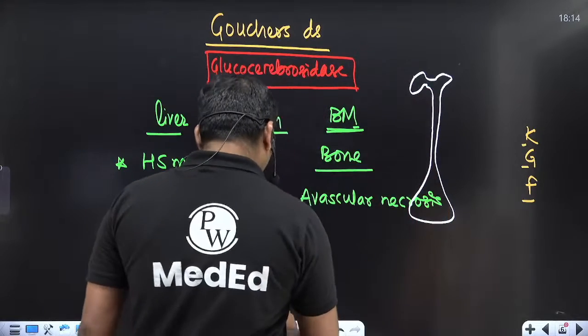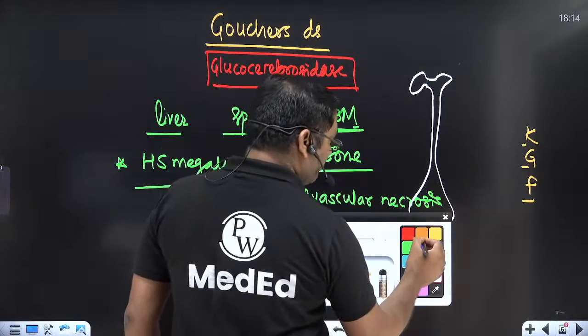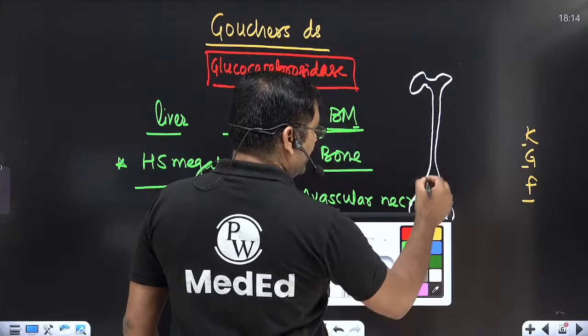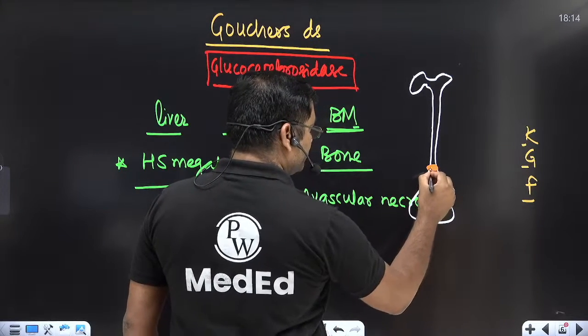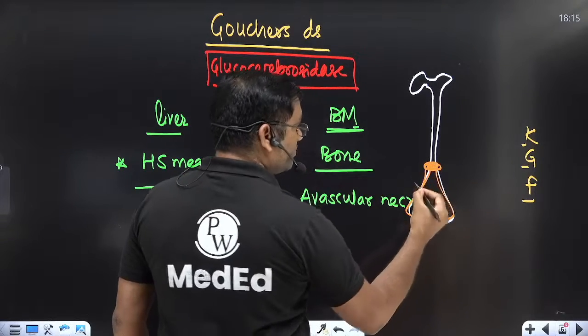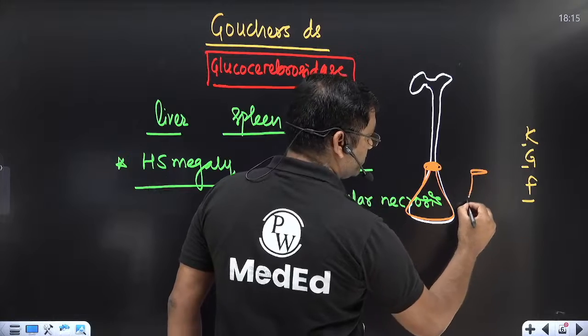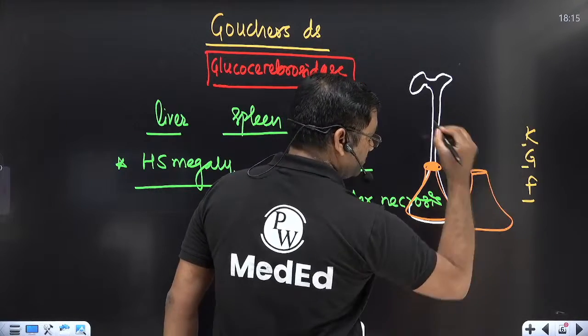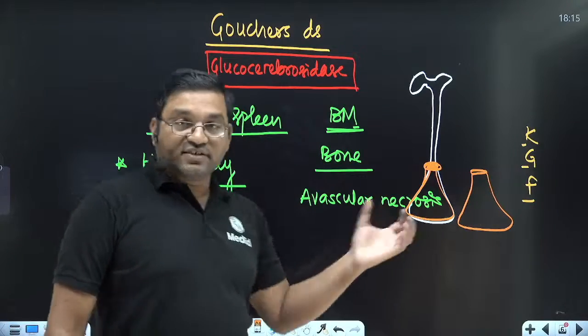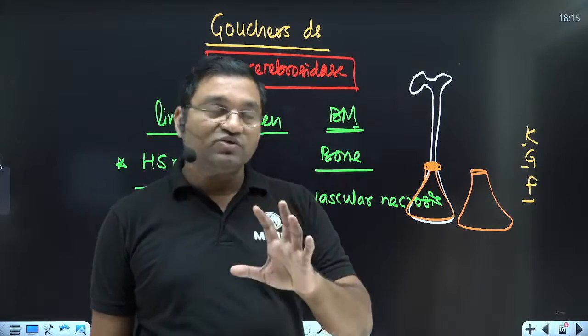There is one deformity known as Erlenmeyer flask deformity. It looks like this. In biochemistry you have seen the conical flask. Erlenmeyer flask deformity in X-ray is a feature of Gaucher's disease.